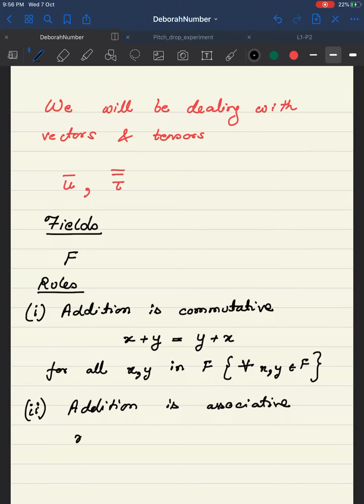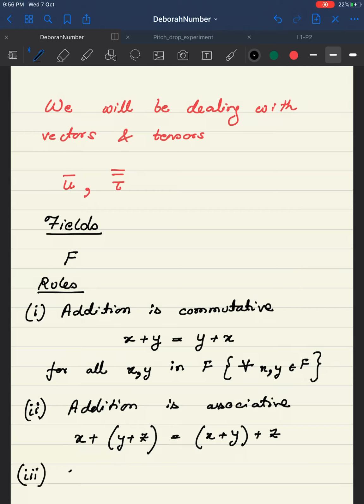Which means that if I have 3 numbers, x, y and z, and I add them together first, then I could have just done this. Okay. 3.